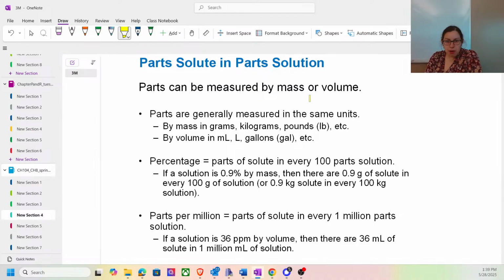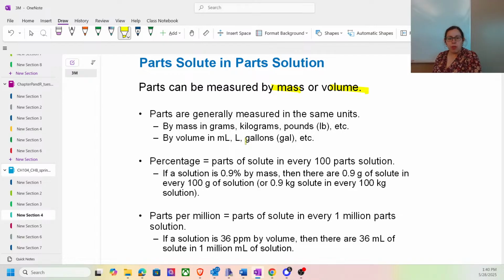And so then these parts generally aren't too hard, but like I mentioned, you just have to kind of read what you're being fed, because they can be given, like we mentioned, in mass or volume. And so generally in the same units, so hopefully if it's mass per mass, right, it should be grams per gram or pounds per pound.